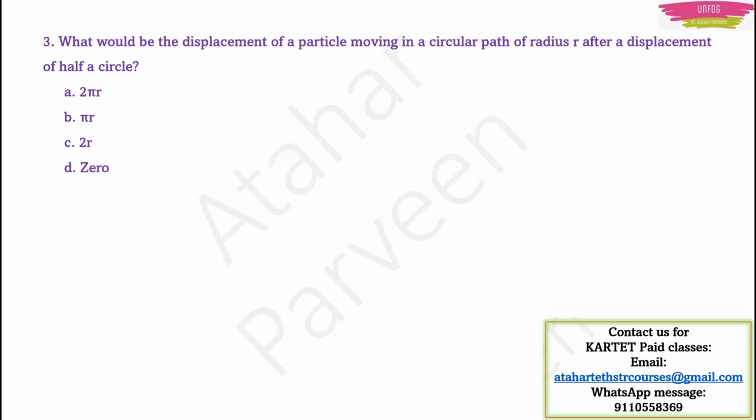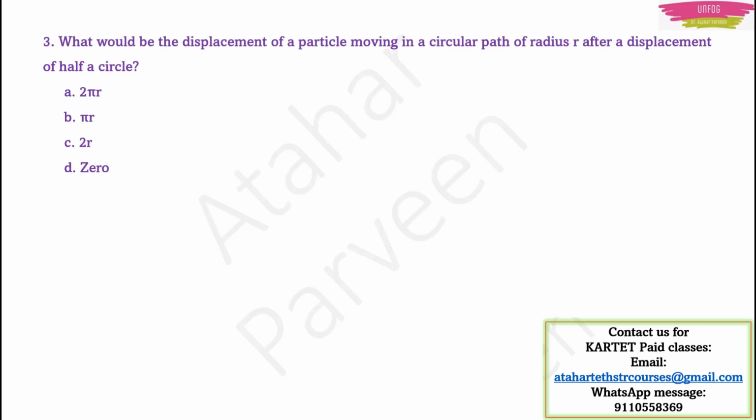If the body has a displacement of half a circle, at that time we will measure the radius of the circle two times, because from the center till one point we will go, and again from the center till the other point we will go.